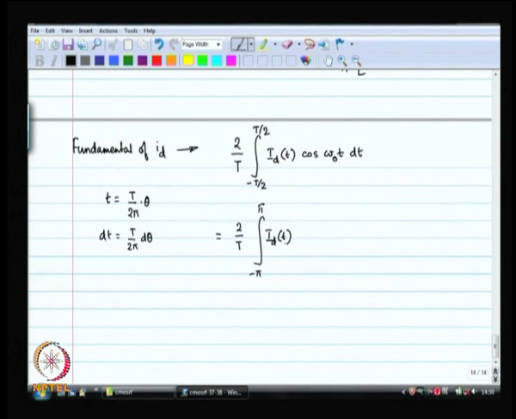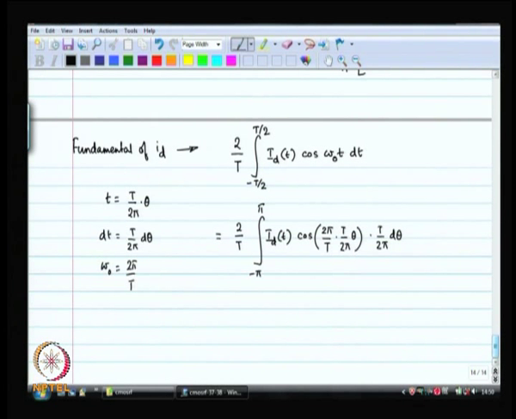Cos omega naught T, omega naught is 2 pi by capital T. 1 by capital T is the frequency, 2 pi times that is omega. Right.